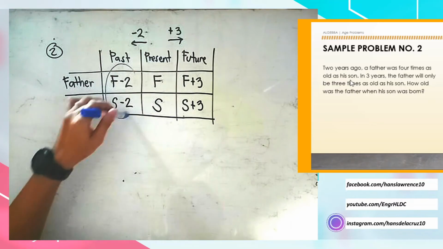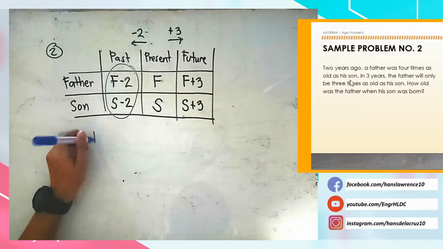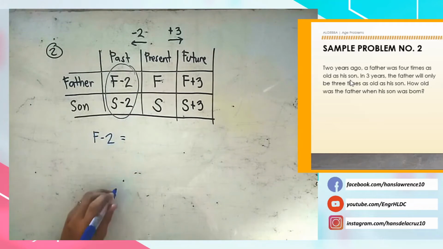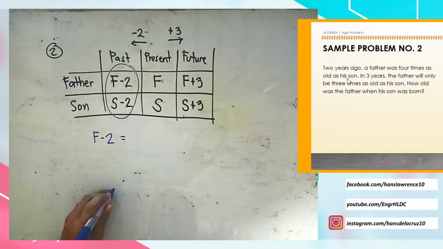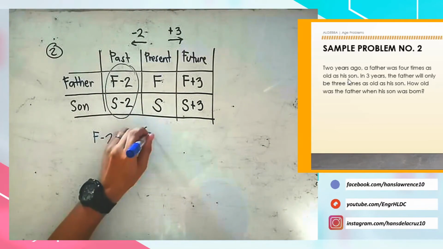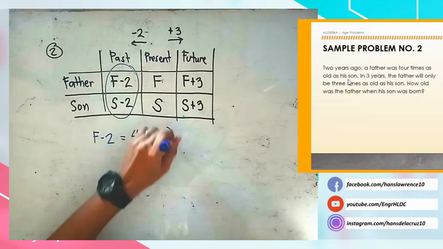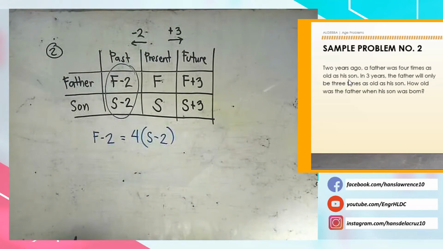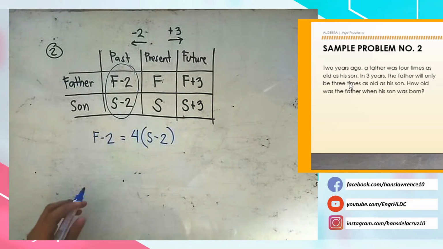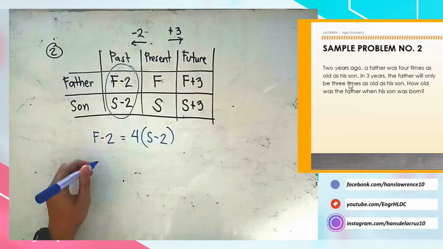So, 2 years ago, so yung age daw ni father, which is F minus 2, is what? Is 4 times as old as his son. So, that is 4 times nung edad ni son, which is itong S minus 2. So, therefore, naka-generate na tayo ng one equation involving two unknowns. Okay? So, I think we can simplify na lang muna to.